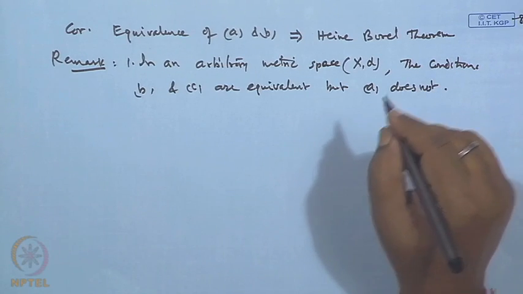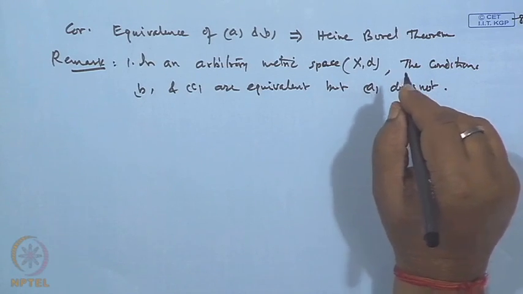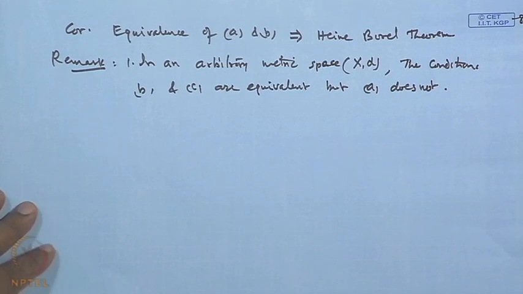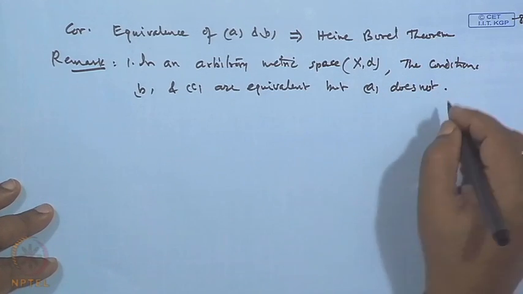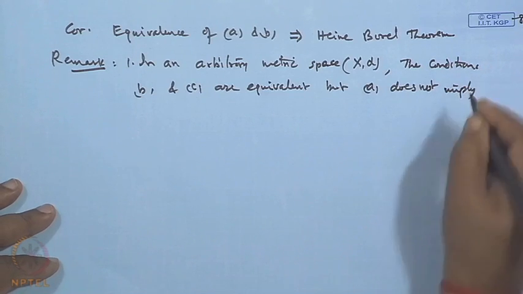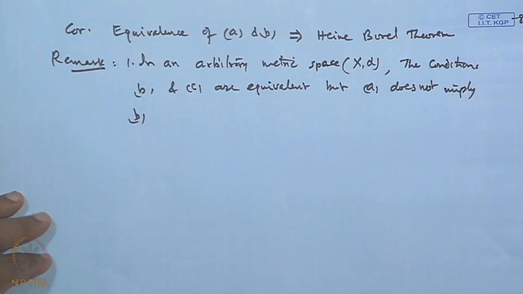It means in general A does not imply B and C.